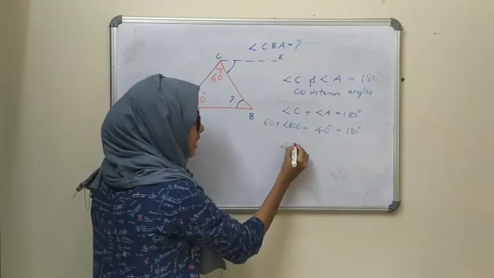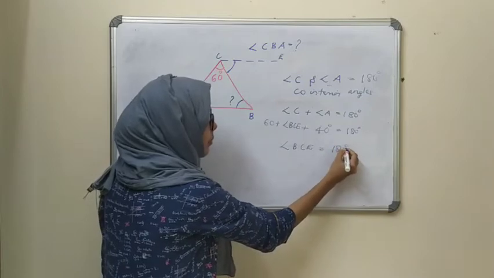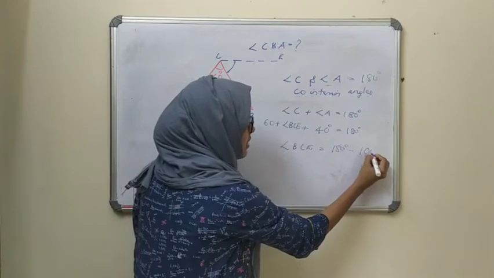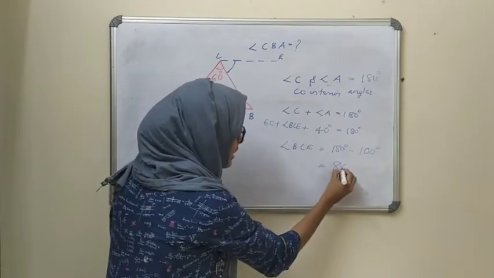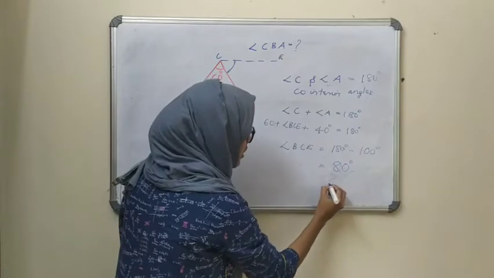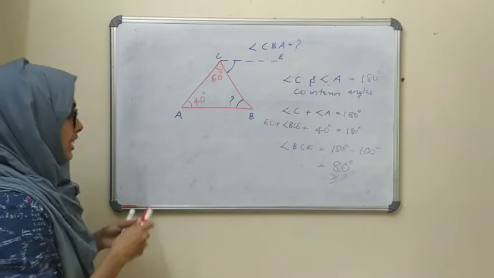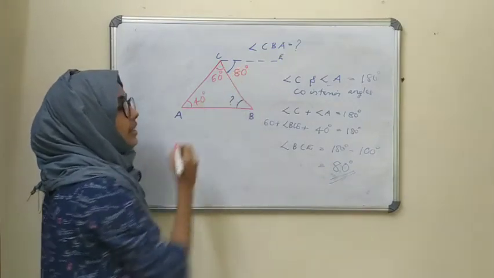So angle BCE equals 180 degrees minus 40 plus 60, that is 100. So angle BCE equals 80 degrees.